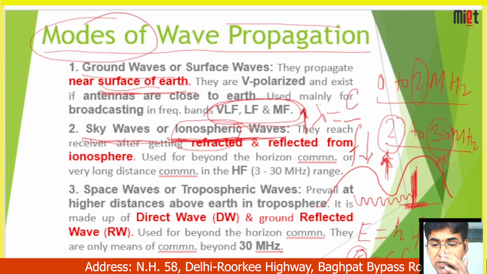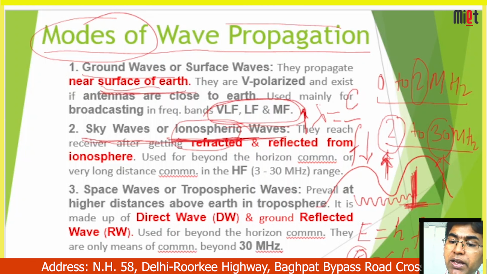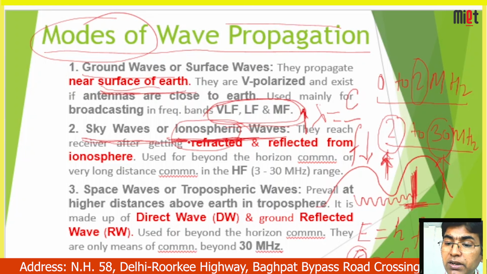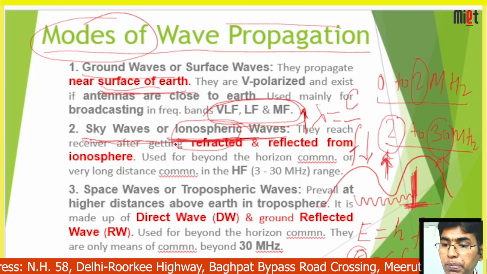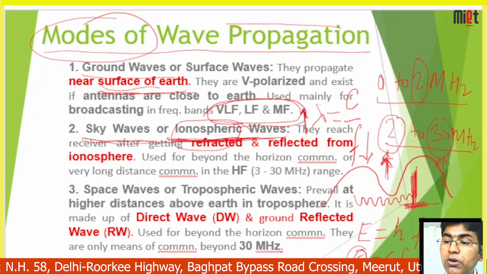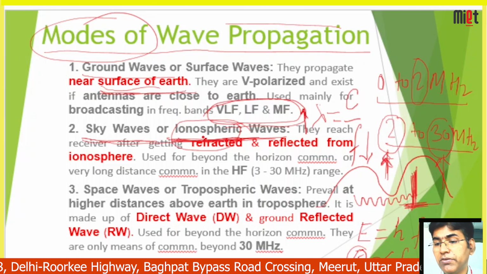So if frequency is very high, it might penetrate the ionospheric layer and the signal may not return towards the receiver, while if the frequency is very low, the signal will be absorbed by the gaseous layer of the ionosphere.